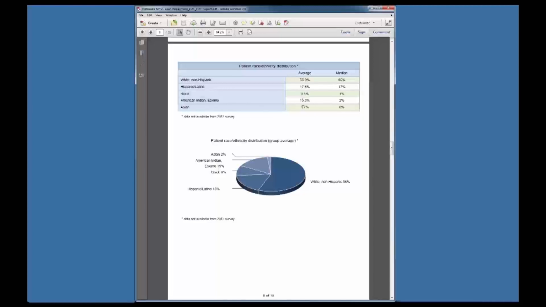So we've simplified this for them here. This distribution here is the same as this average here, and the numbers are exactly the same, just rounded off. So white, not Hispanic, 55.9, of course, rounds off to 56%.